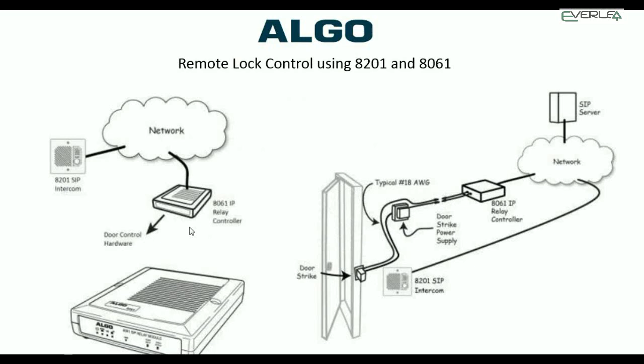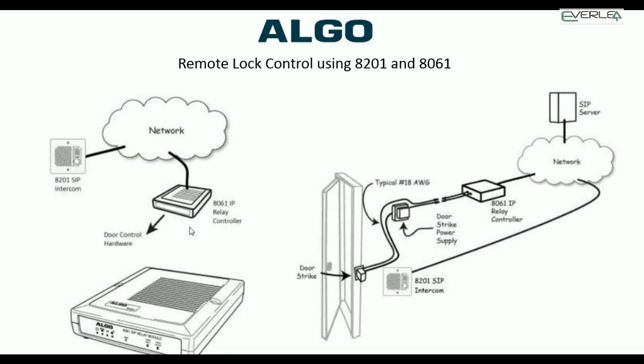Now, the previous example, where we were using the onboard relay to control the door, is probably great for a majority of installations. But some installations require a more secure control of the locking mechanism. What they're worried about is that if I get a crowbar and attack this thing, tear open the unit and try to short the wiring for the relays, I could in theory open the door.